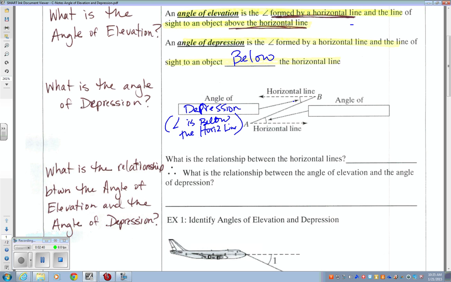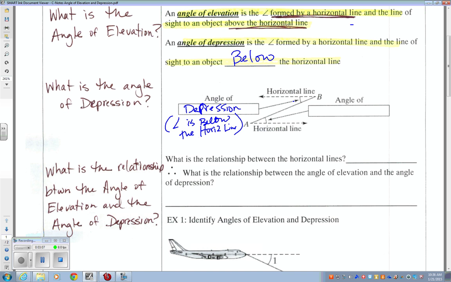Okay? Yes. It's always going to use the horizontal line for elevation or depression. You see how this is a dotted line?